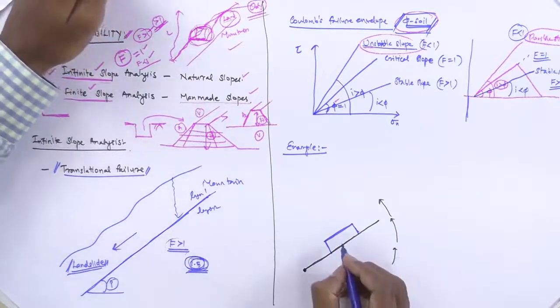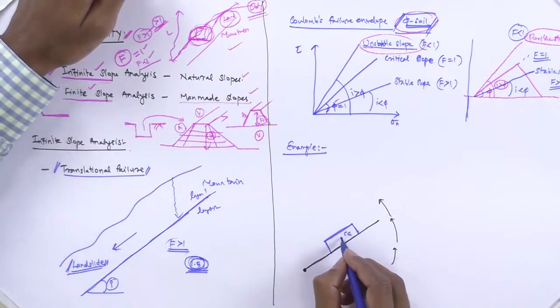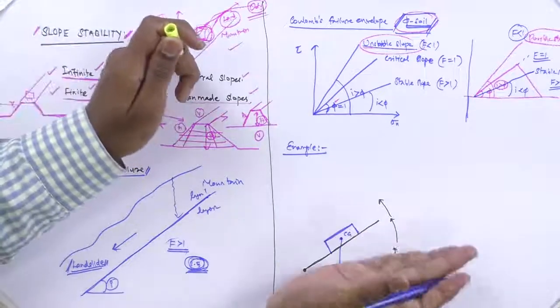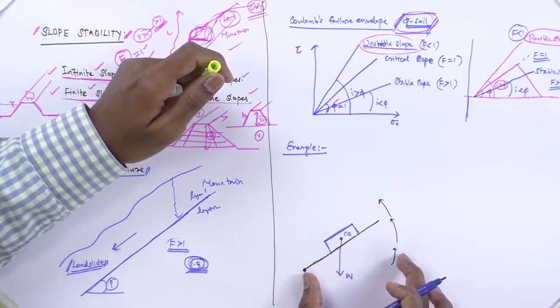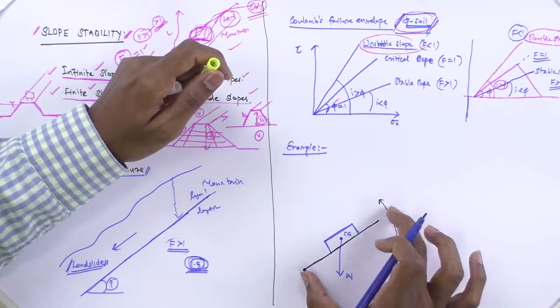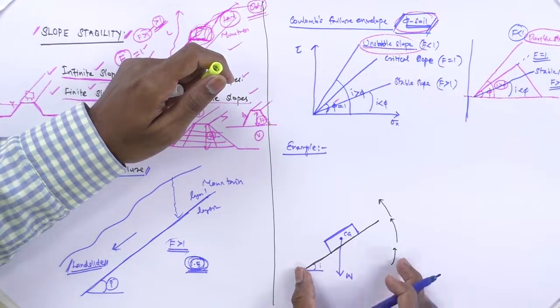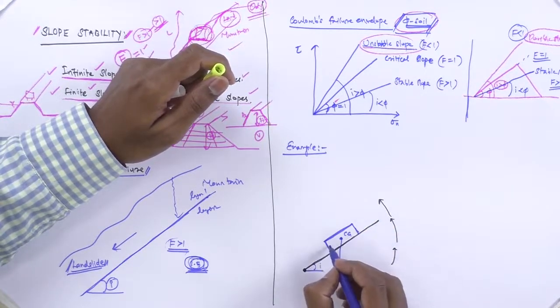So what happens? Let us consider this is the CG. The self weight of this object, W, acts directly below it. When it is at the horizontal level and I slowly increase the inclination angle from 0 to some angle, at some angle it is going to slide down.